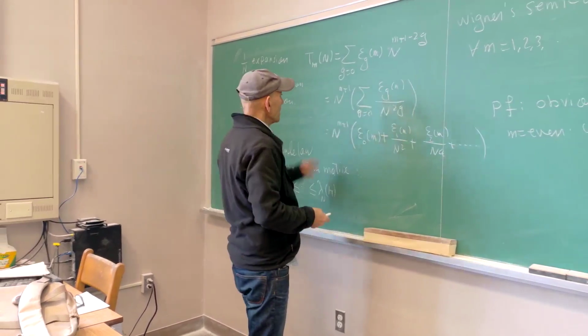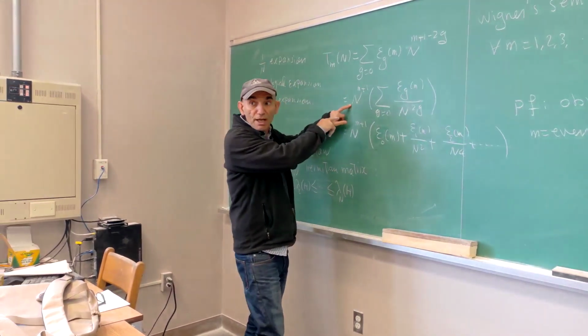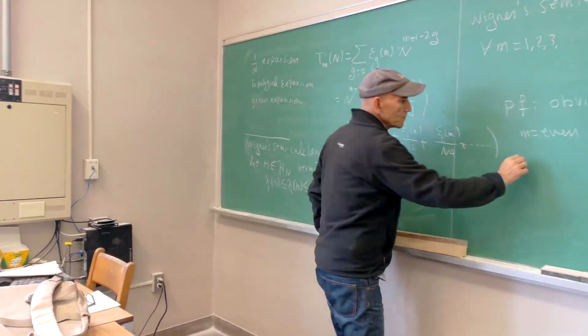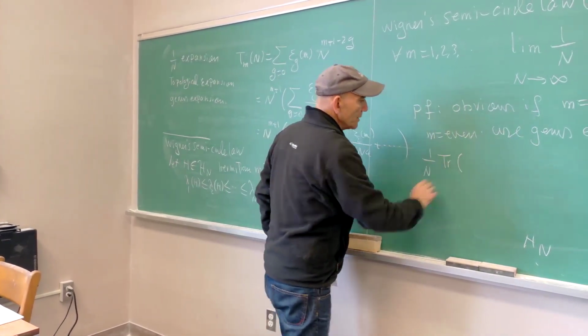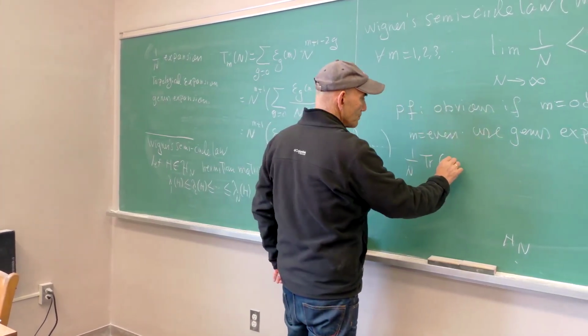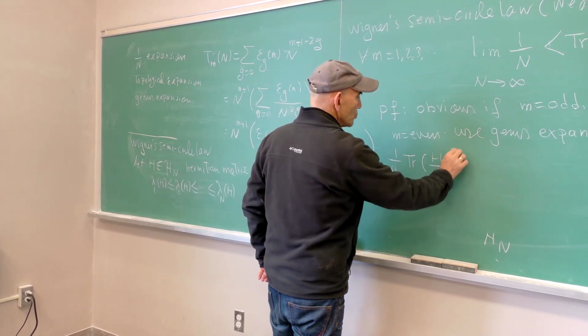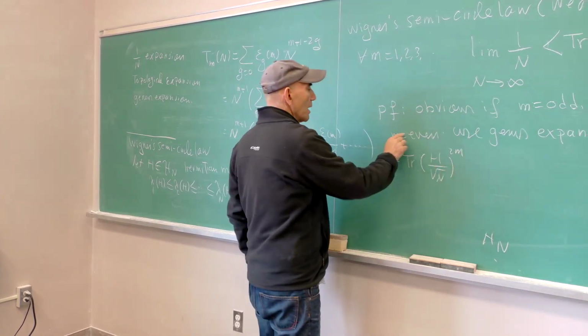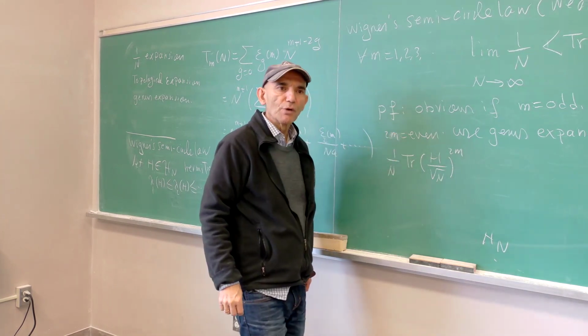What does this genus expansion tell us? The trace of H^(2m), so let's compute with root n to the power 2m, because I'm going to switch notation, I'll just write 2m.